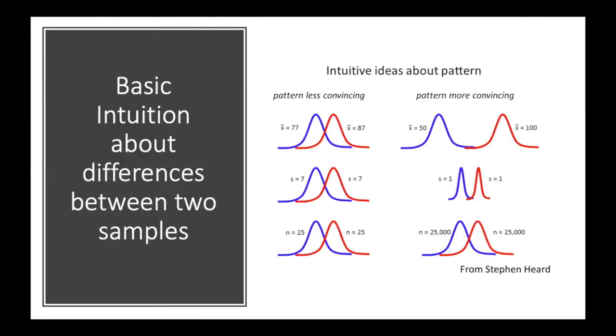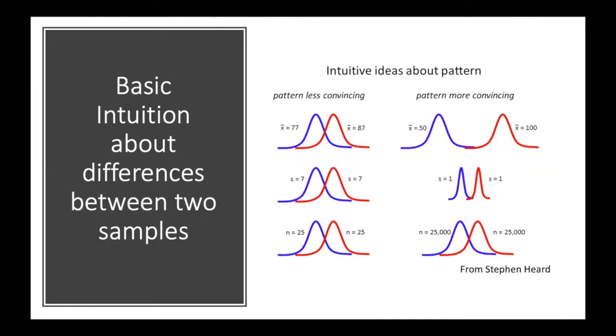So before we get into some of the equations of how we're going to perform some of these calculations to answer these questions, I wanted to show you a really nice figure that Stephen Hurd put together that I think does a really good job of getting across our basic intuition about whether or not two samples come from a single underlying population or whether those two samples represent two distinct populations with different means.